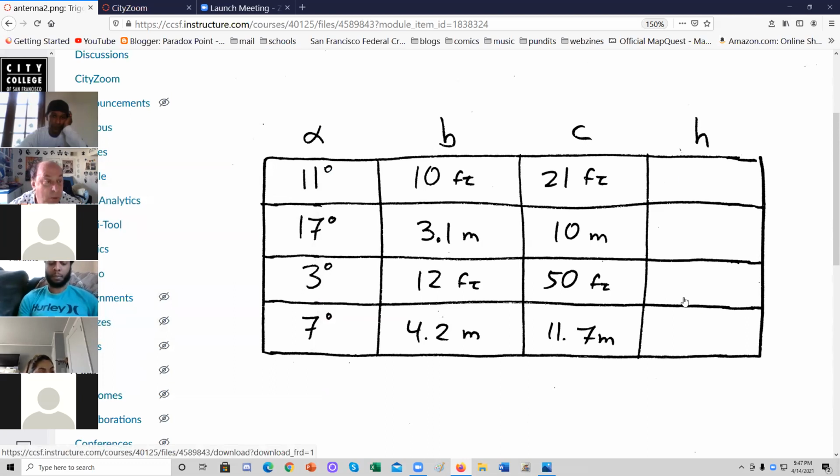Find H, four points to gain. Please note this and this are in feet, so have the answers in feet here and here. These two are in meters, so you have these two answers in meters.